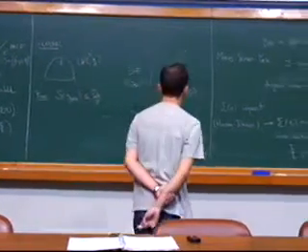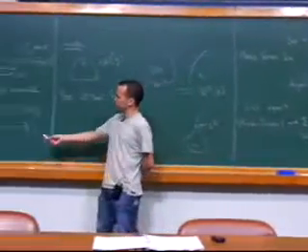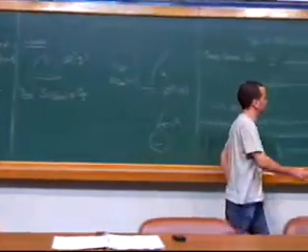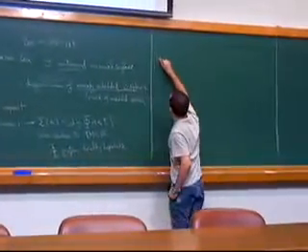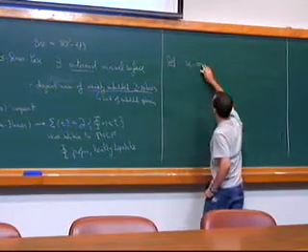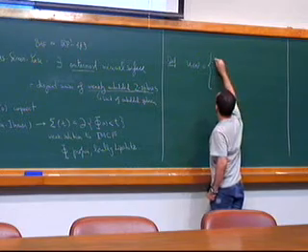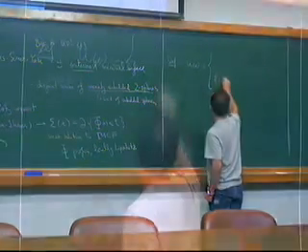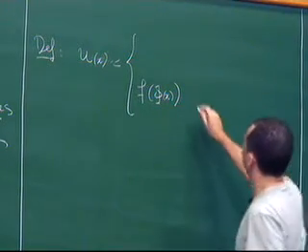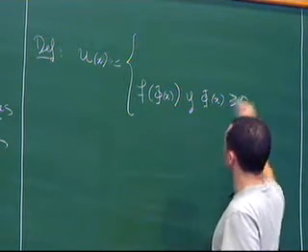Okay, so what you do then, we have the function phi. Now we just have to transplant the f that we found in the model case. So the definition of my test function would be just u. So u of x is going to be f of phi of x, if phi of x is non-negative, right?